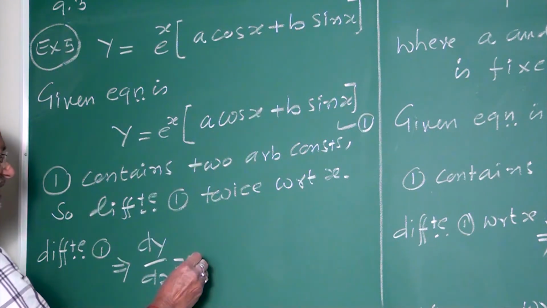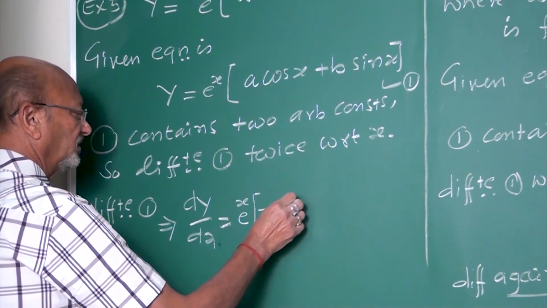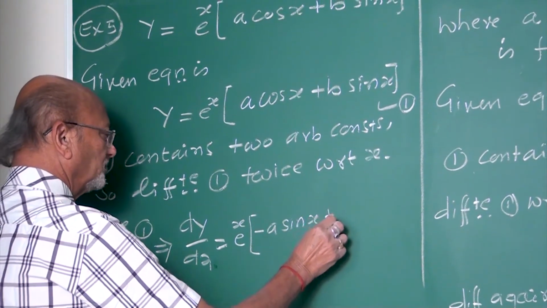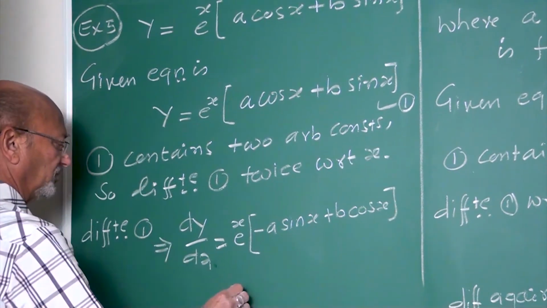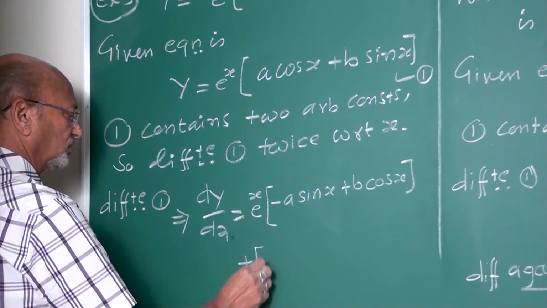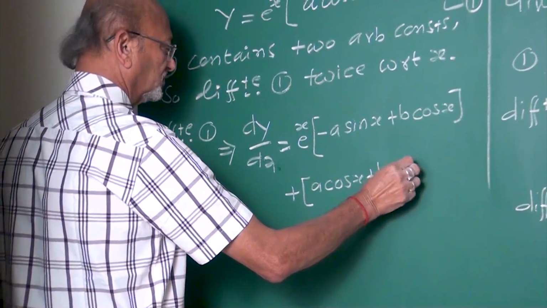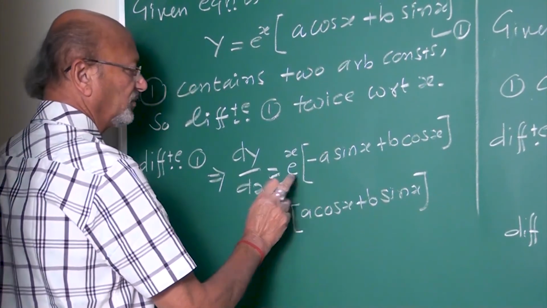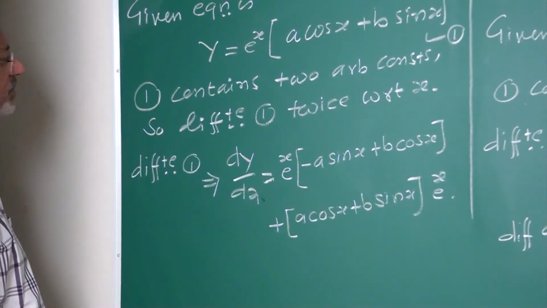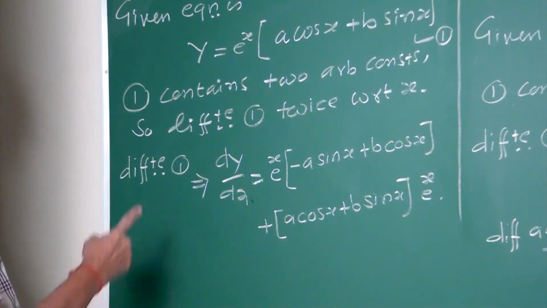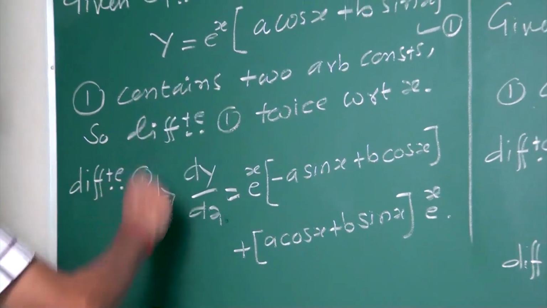It is e to the power x as it is, times the derivative of a cos x plus b sin x, which is minus a sin x plus b cos x, plus the bracket a cos x plus b sin x as it is, into the derivative of e to the power x, which is e to the power x. But it becomes lengthy.